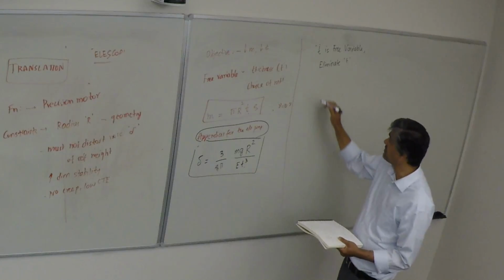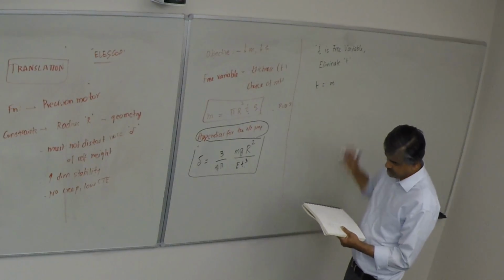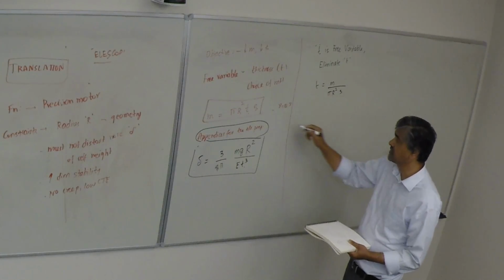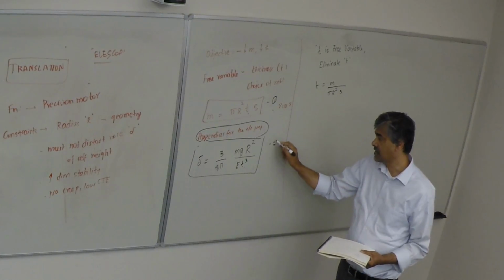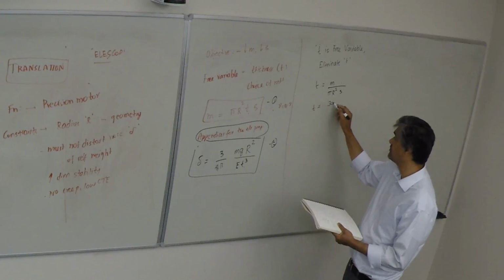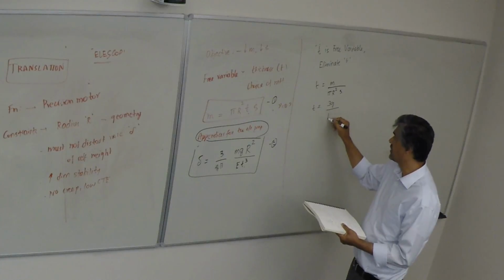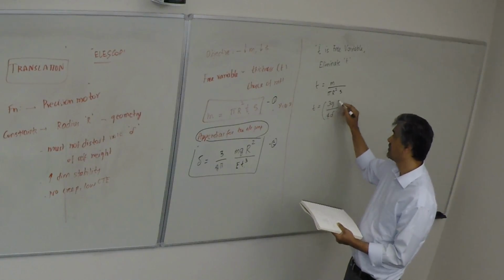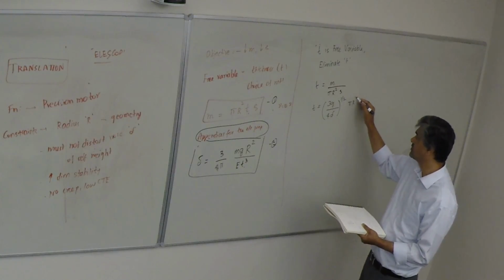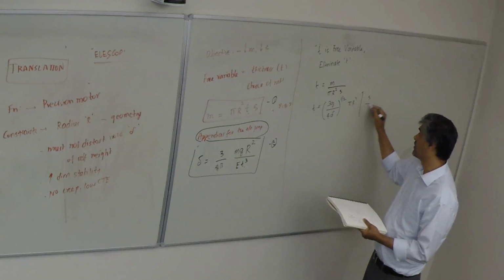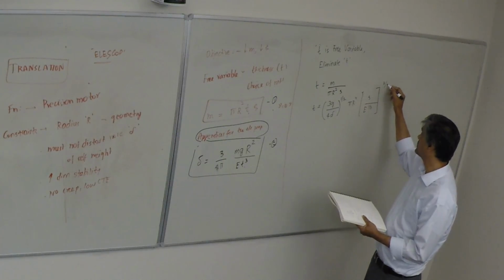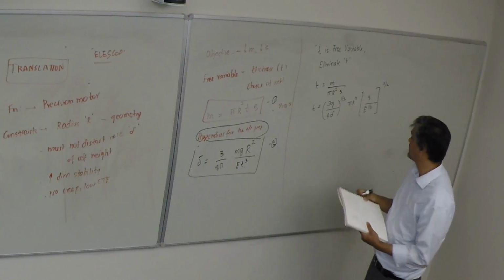So if you did that, t comes out to be m over pi r squared rho from the first equation, and t from the second equation comes out to be 3g divided by 4 delta, to the 1/2, times 4 pi r to the fourth, and rho over E to the 1/3, and this is to the power 3 by 2. Basically you are solving this equation here.